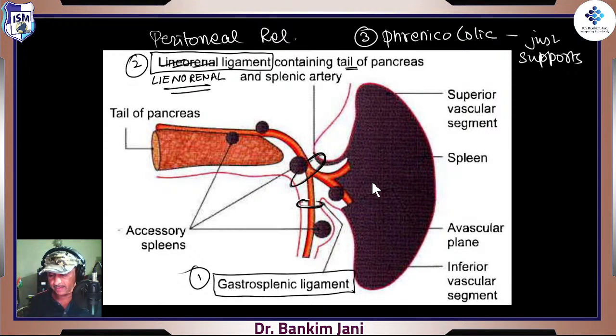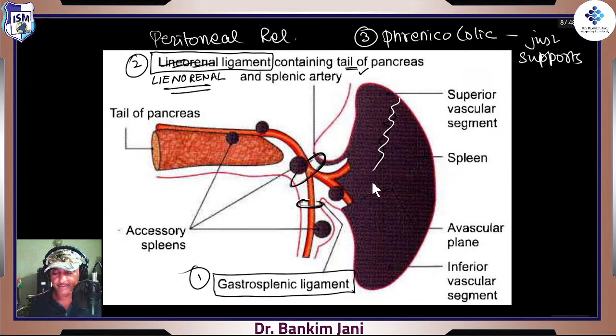We'll see that in case of splenic rupture, for some reason, if there is splenic rupture, it bleeds heavily. So one has to go for splenectomy. You need to remove the spleen. When you need to remove the spleen, it means you have to cut down all those ligaments. During that process, you need to take utmost care of the linorenal ligament, because if that is not taken care of, then the tail of the pancreas is sacrificed.